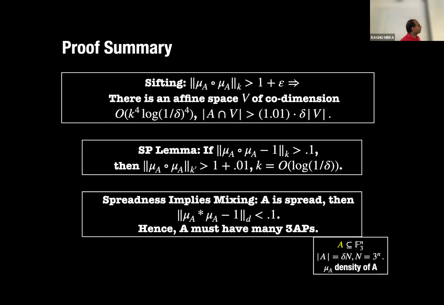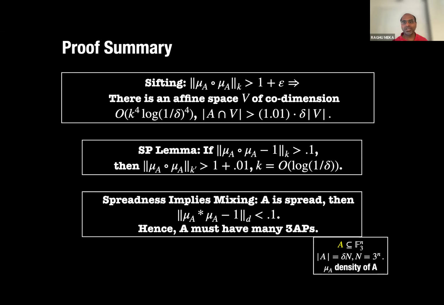Then we have the spectral positivity lemma, which tells you that if I'm far from 1, then I must have many high probability elements. So this hypothesis is needed for that. And then finally, spreadness implies mixing tells you that if A is spread, then you have many 3As. So there's a notion of spreadness that we define, then spreadness implies mixing, and then the SP lemma, and then this.